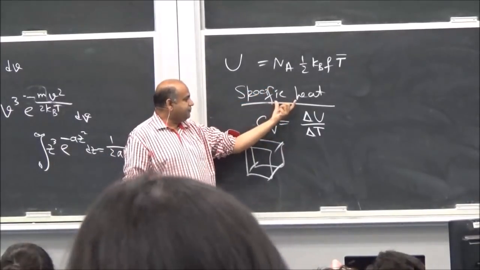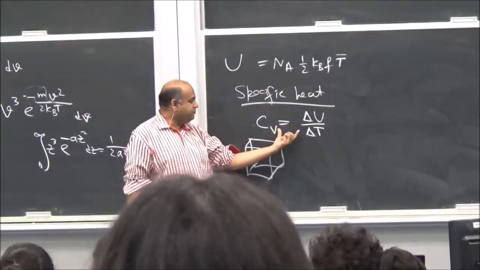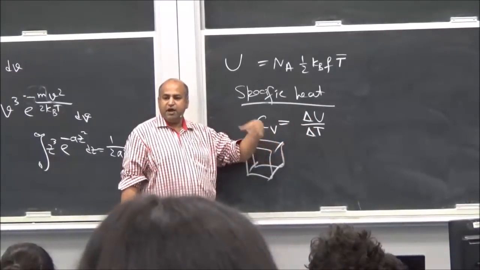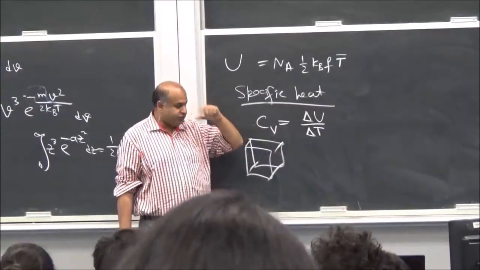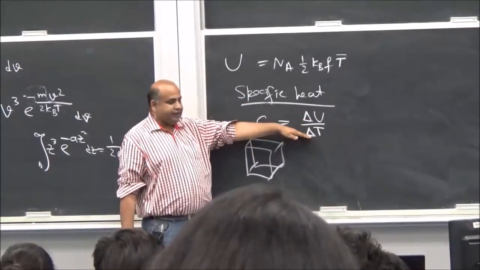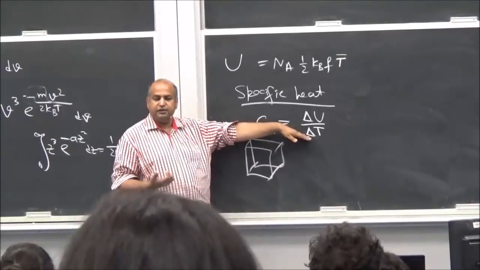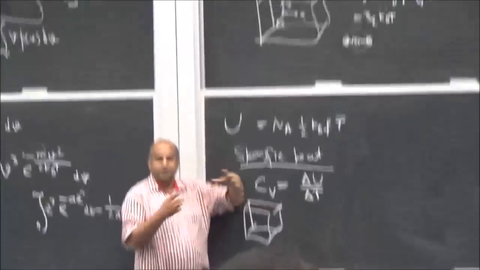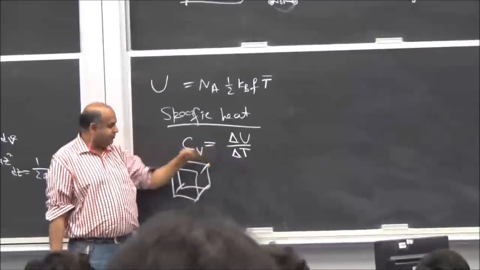By heat capacity, a specific heat, we actually mean the amount of heat that we add to change the temperature by 1 degree Kelvin. So this is dU by dT. And if you talk about 1 mole of a material, then it is molar heat capacity. If you talk about any other material, then it's the heat capacity of that material.